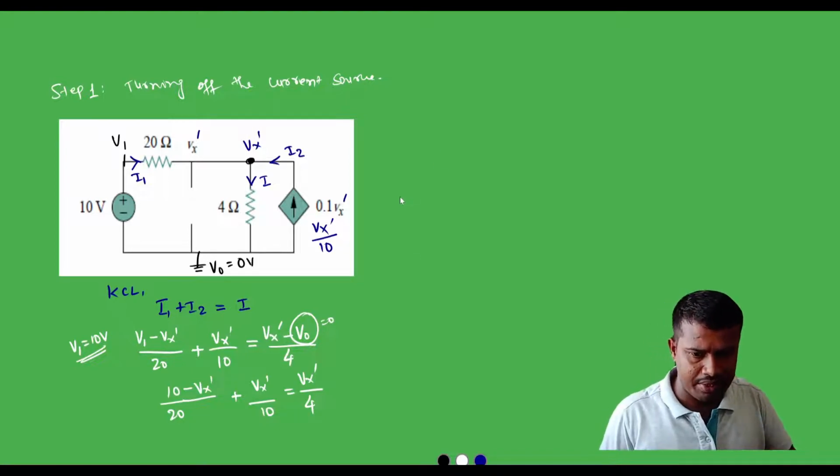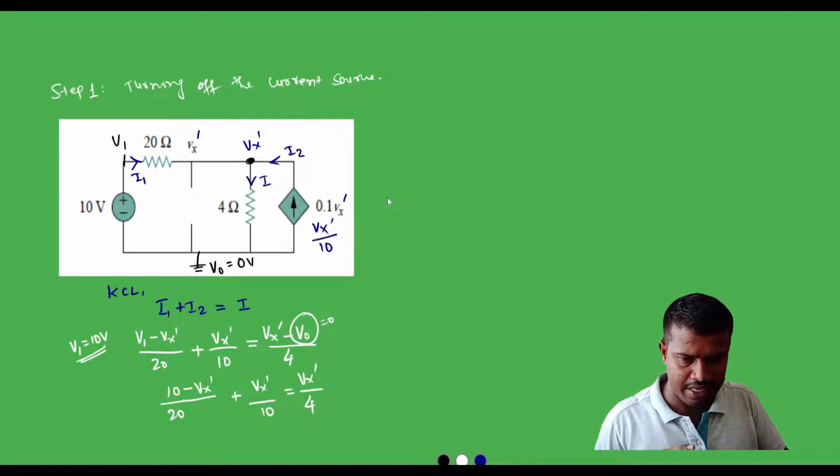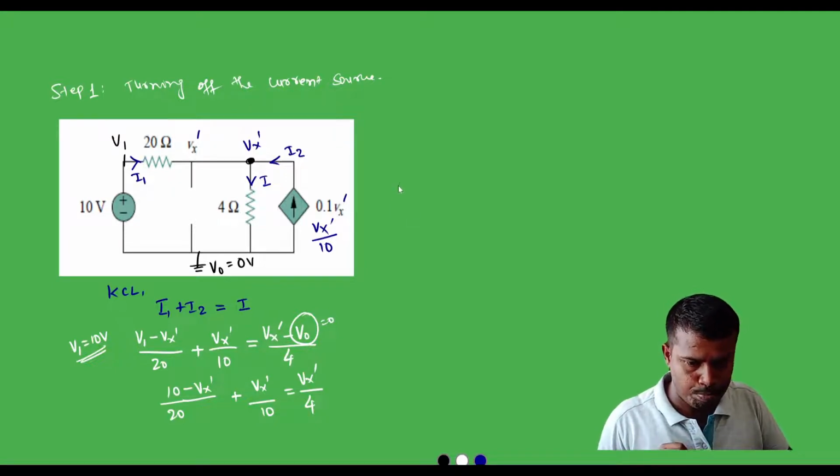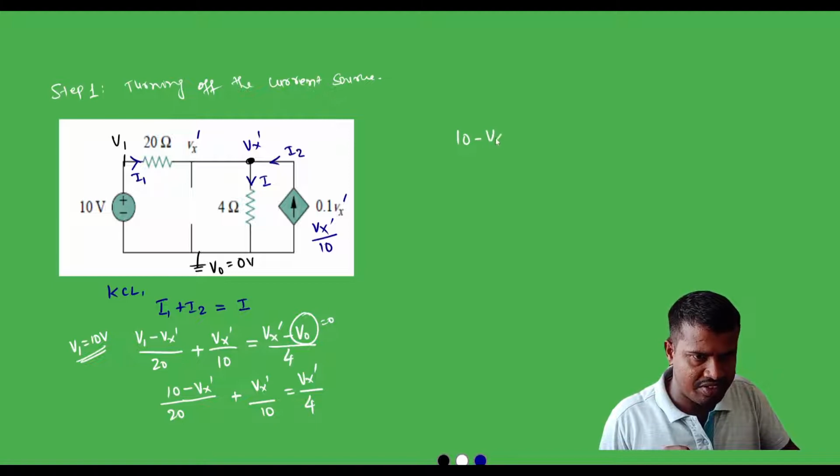Now on further simplification, the equation will become (10 minus Vx prime plus 2Vx prime) divided by 20, which is equal to Vx prime by 4.